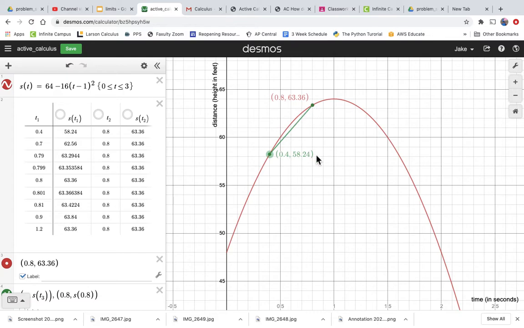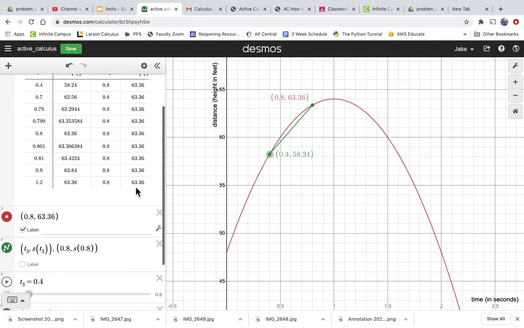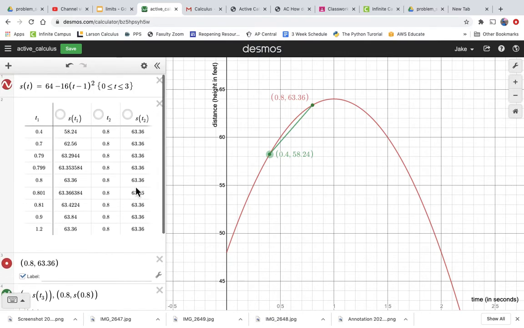So notice we have this secant line, and we also have this chart where time 2 is 0.8 seconds, and the height at 0.8 seconds is 63.36.